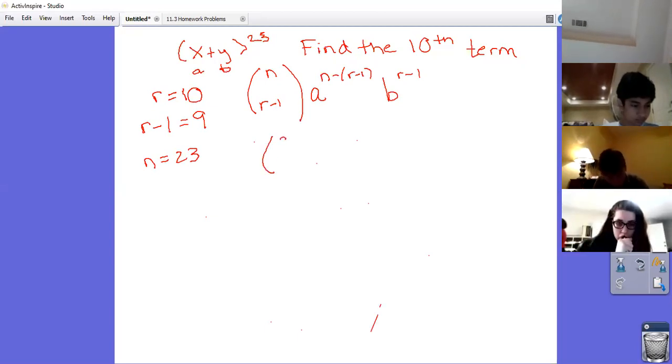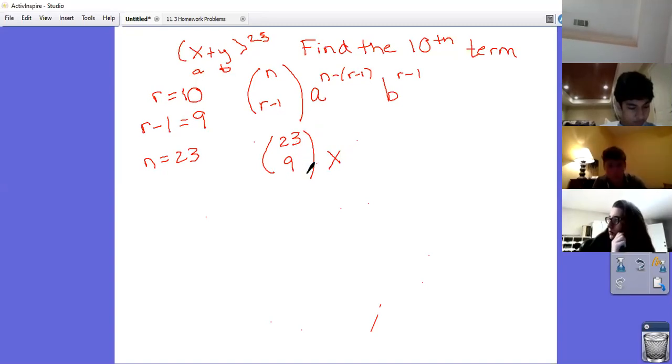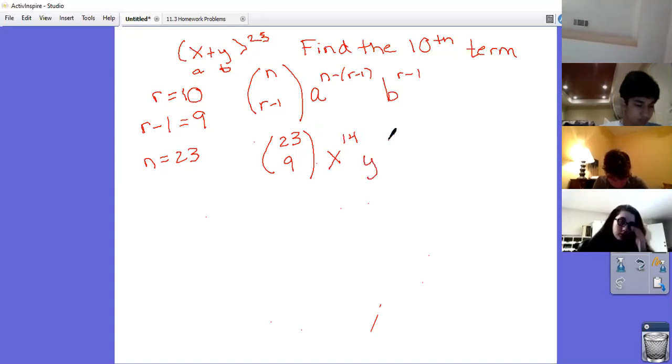So it would be parentheses 23, and then r minus 1 is 9. And then x, so 23 minus 9 gives you 14. And then y would be r minus 1, which is 9. Goes here.